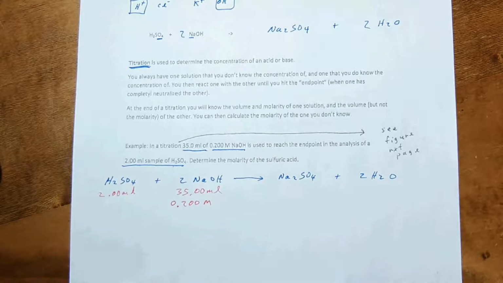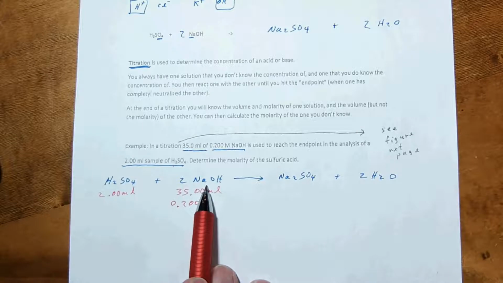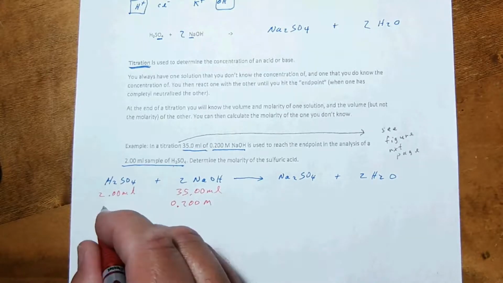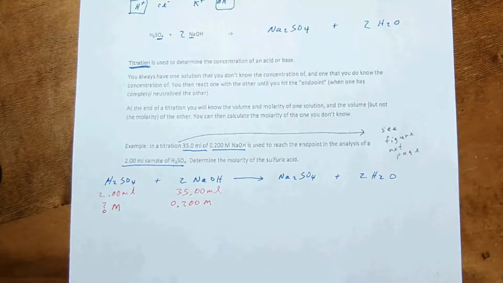If you have a titration problem and you're lost, write the numbers that go with the chemical. What you're doing in a titration problem, you're looking for a 4th number. What is the molarity of the sulfuric acid? That's a question mark. What is the molarity of that acid? And if you outline it, suddenly it's really easy to work.